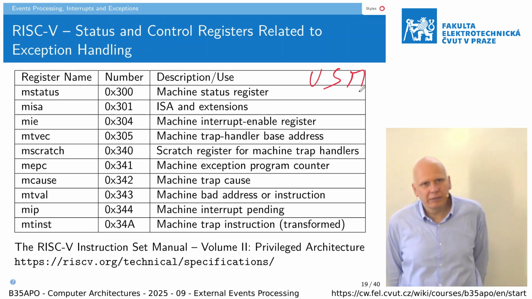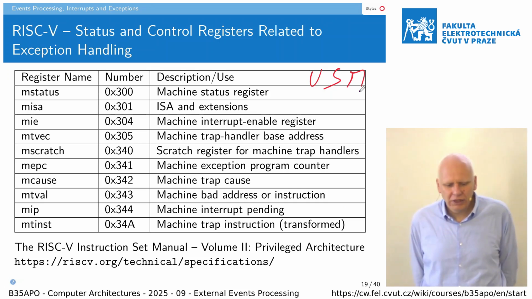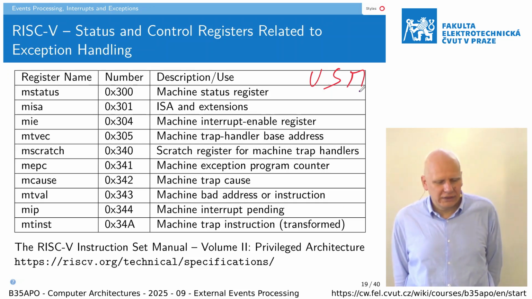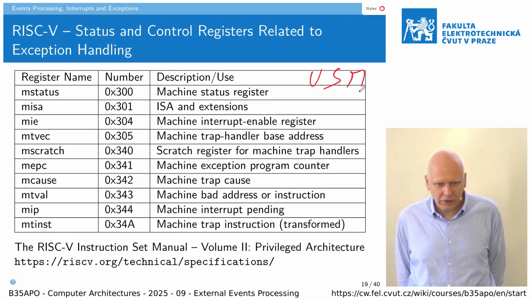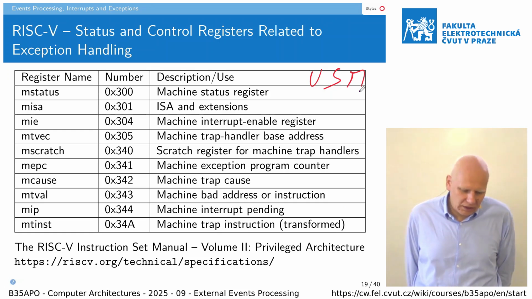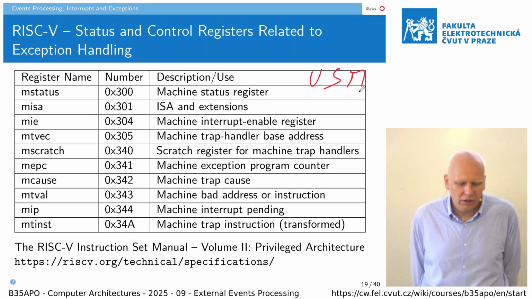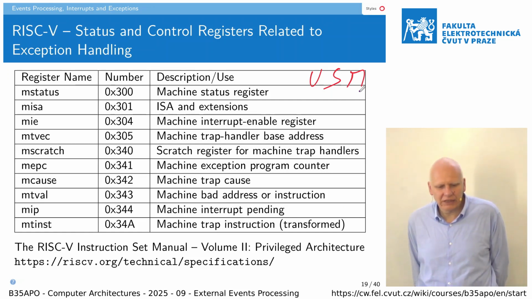And the machine mode is the actual hardware mode, the most privileged mode of execution of the processor. So this is the first level which catches all until we set up the operating system and so on.